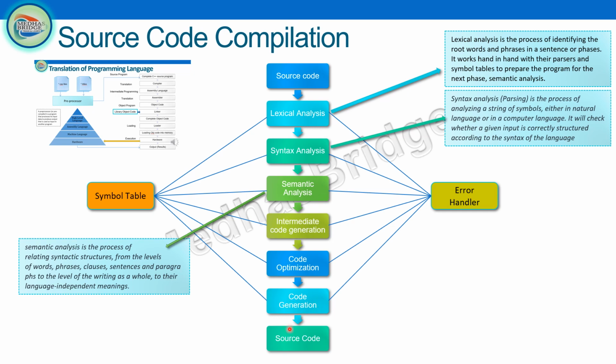The final code would be the intermediate programming language we mentioned before. Along with this, it also does two more things: building a table with all the symbols, which you can call a symbol table, and error handling. It captures all the errors within your source files.